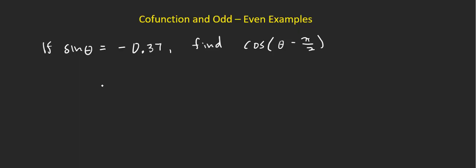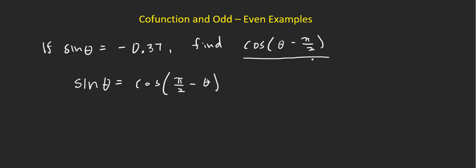Let's take a look at another example. If sine theta is negative 0.37, it says find cosine of quantity theta minus pi over 2. Well, you know that sine and cosine are cofunctions, meaning that sine theta is cosine of quantity pi over 2 minus theta. Notice we're looking for cosine of quantity theta minus pi over 2.